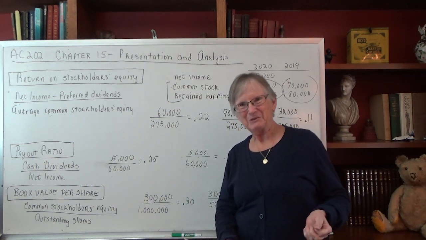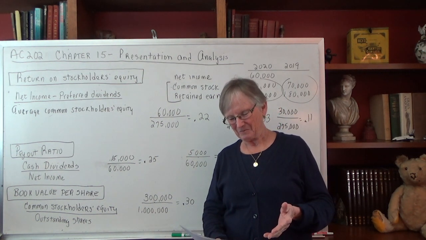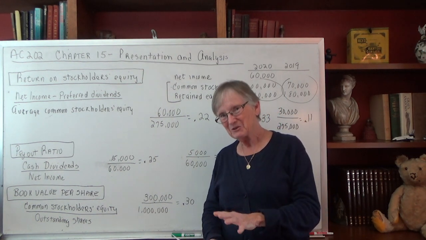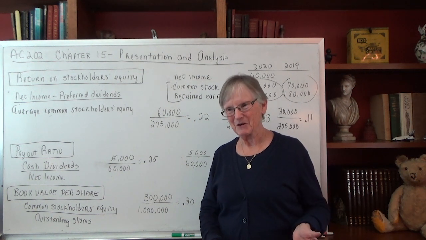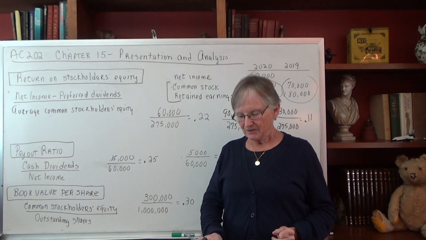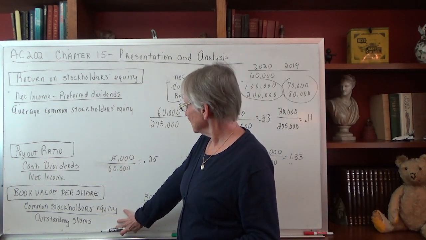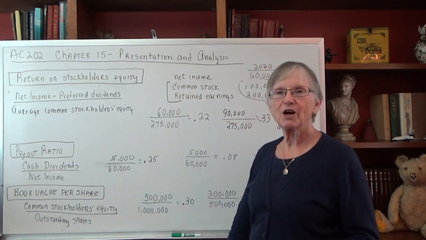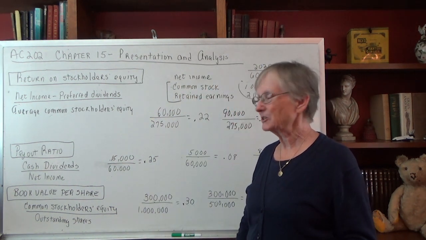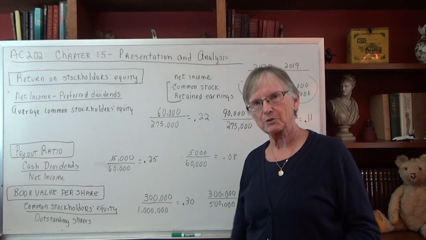If the book value is more than the market value, then the stock might be undervalued, and it might be a good time to pick some up. You have to consider a lot of other items there too. These are referring only to common shares. If there's preferred stock involved, the computations are a little more complicated, and we can save that for when you transfer to a 4-year school.